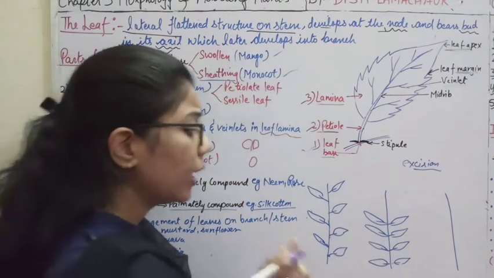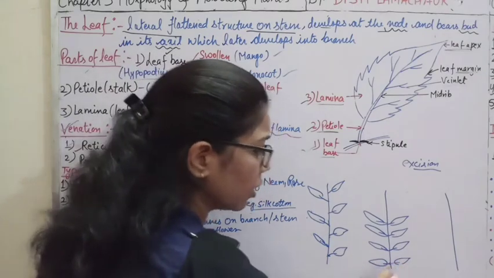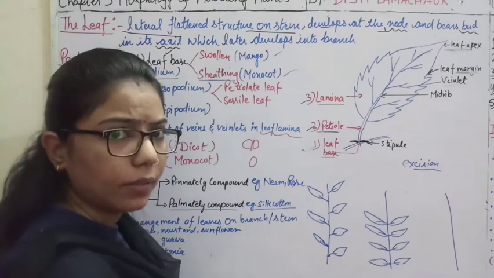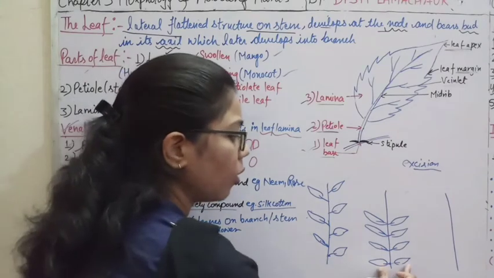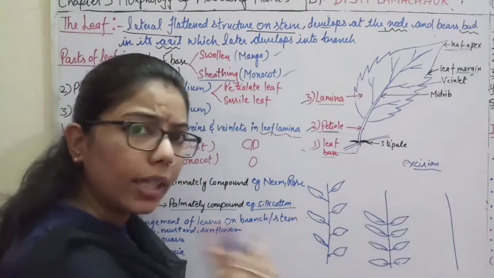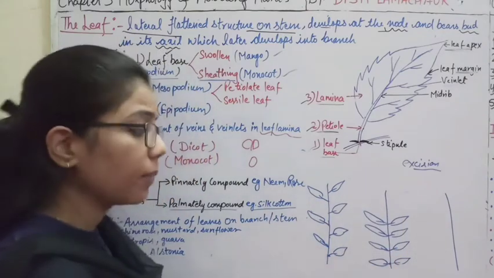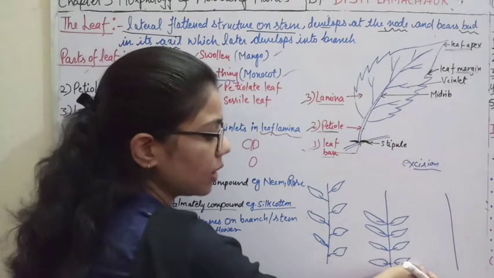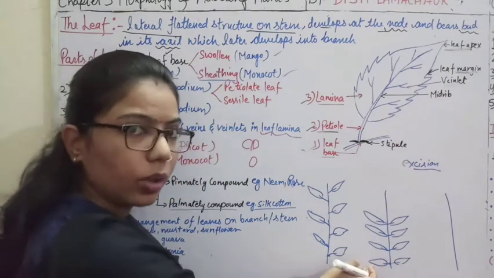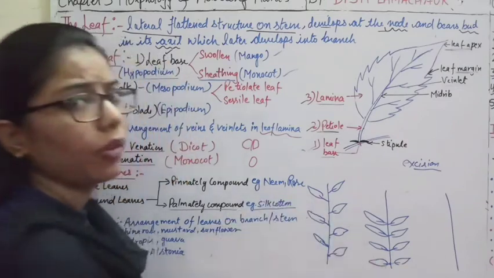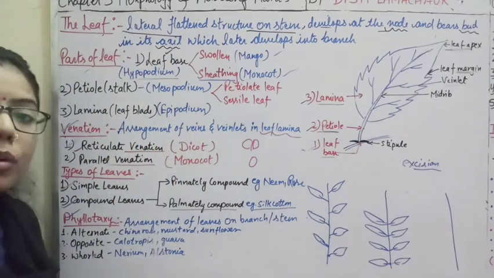That at each node they have a pair of leaves. We have two at each node, forming pairs, and all these are opposite to each other. For example, this leaf is on this side and that leaf will be on the other side. So this type of arrangement is known as opposite.